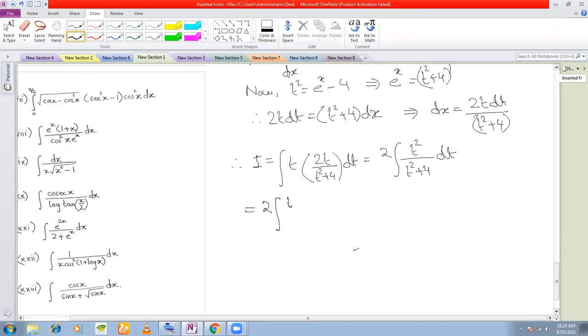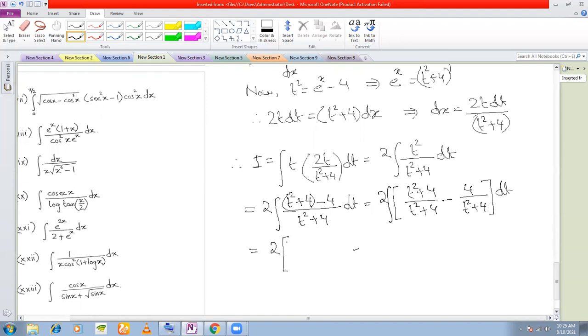In the denominator you see t square plus 4, so you write t square plus 4 minus 4 divided by t square plus 4 dt, which is equal to twice the integral of t square plus 4 divided by t square plus 4 minus 4 divided by t square plus 4 dt, which is equal to twice the integration of 1 minus 4 divided by t square plus 4 dt, which is equal to twice integral dt minus integral 4 divided by t square plus 4.